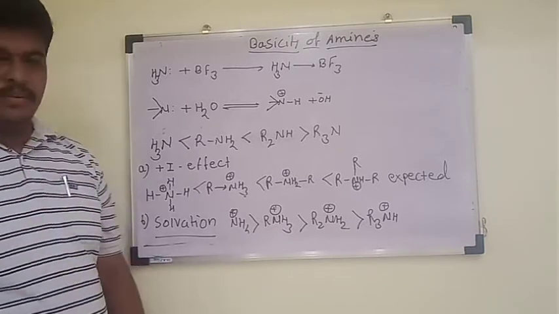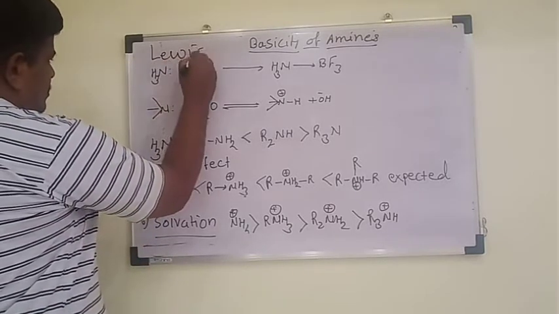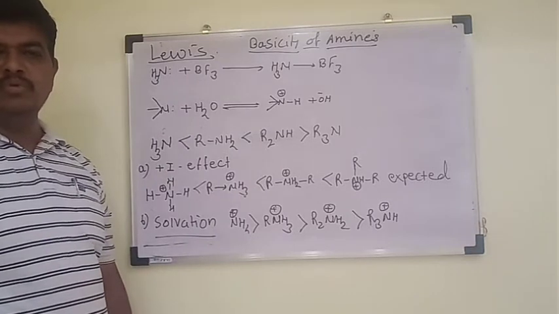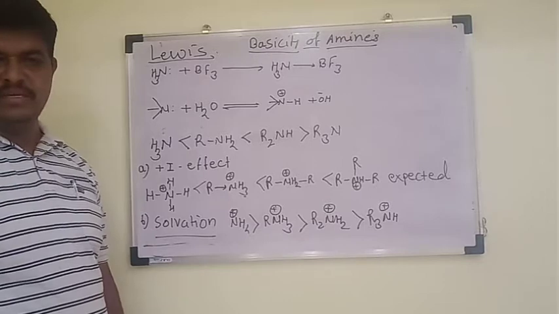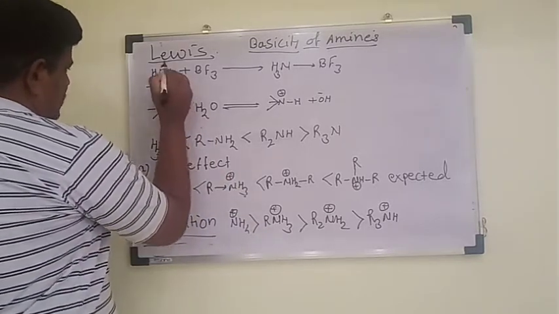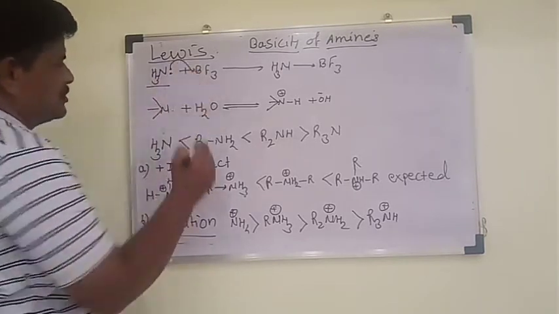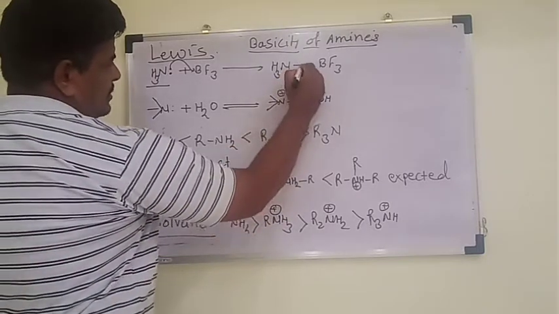According to Lewis acid-base theory, a substance which has the ability to donate a pair of electrons is said to be a base. Here in ammonia, a lone pair of electrons is present. It can be donated to an electron deficient species, that is BF3, and we get such a complex.